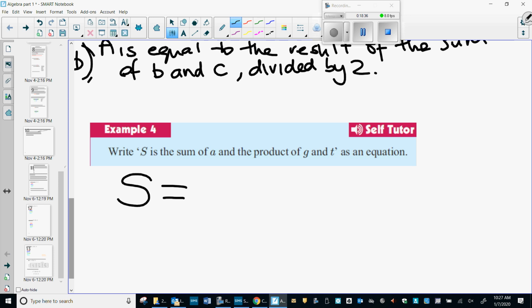So what does sum indicate is going to happen? It's going to get plus this. Of what? And what's going to be special about those G and T?